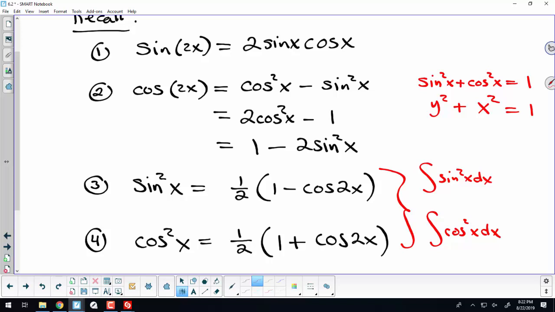The integrals of those are pretty common, so they come up a lot. You want to know how to do those. All right, that's it for 6-2.